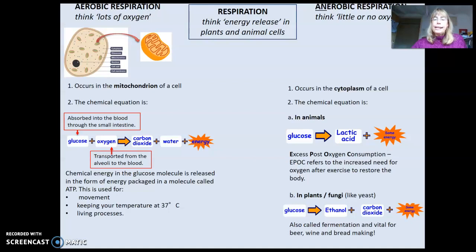So when I make bread, the glucose gets turned into ethanol, which is why I get that alcohol type smell while the bread is baking. And the carbon dioxide helps the bread to rise. And the process kills the yeast that I add to the bread to catalyze this reaction.